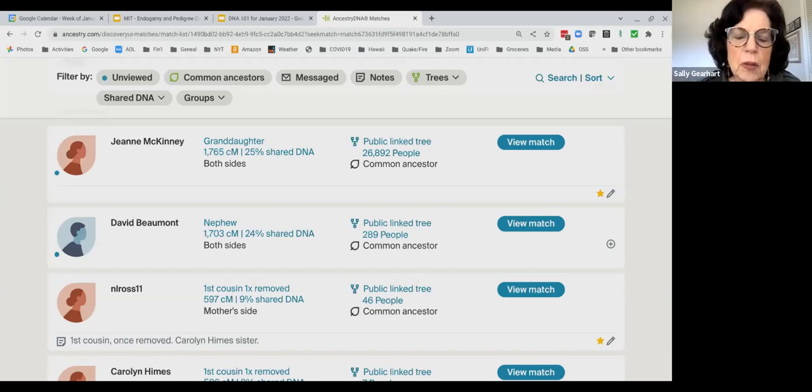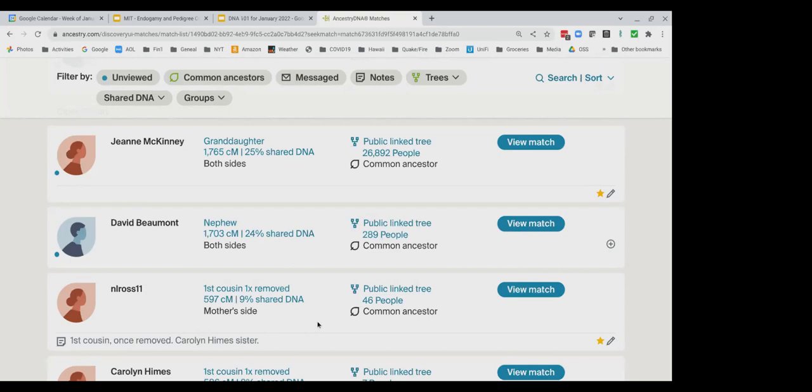I have a question. When you look at the listing of segments, the illustration that shows where the DNA is common, is it more likely that you would have a close relationship to someone that has a long matching segment, versus someone who has several shorter segments?